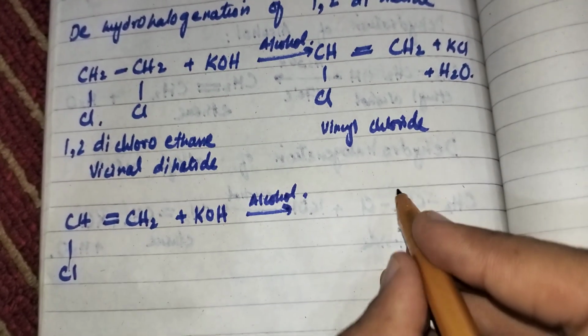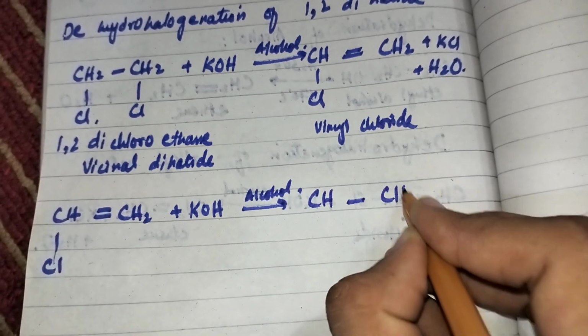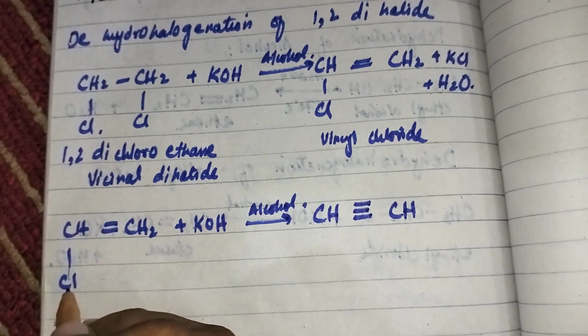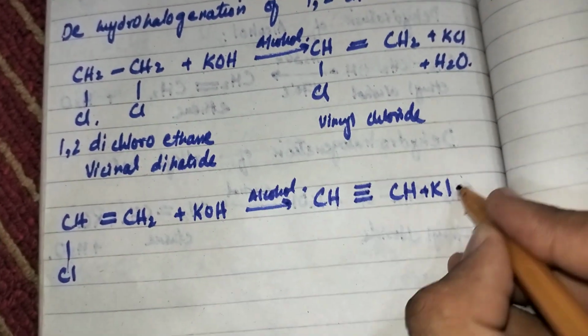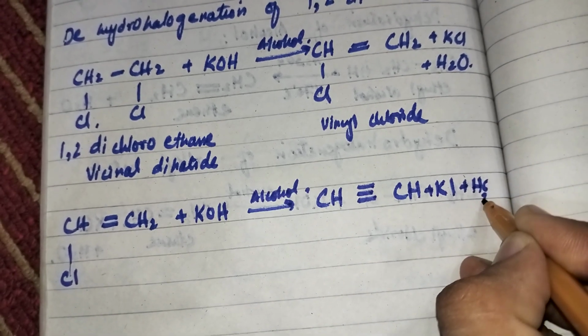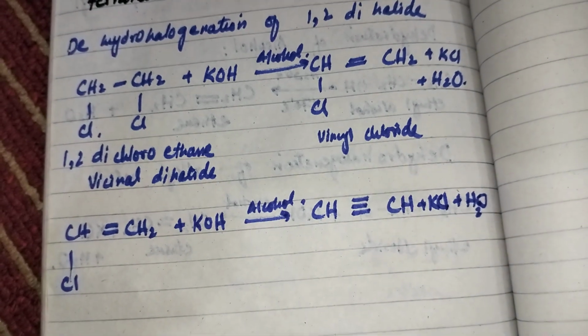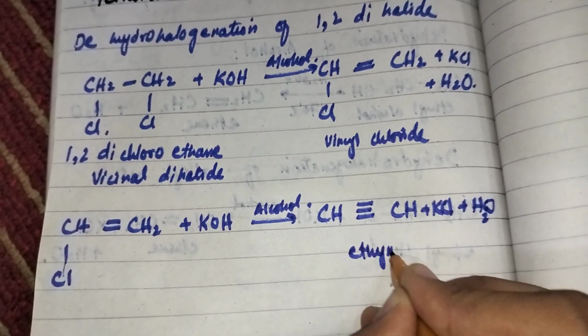After removing, there will be one hydrogen, and this is CH, and the double bond will be converted into a triple bond. The removed Cl links to K to form KCl and the removed hydrogen links to OH to form H2O, and this will be KCl. So this is ethine.